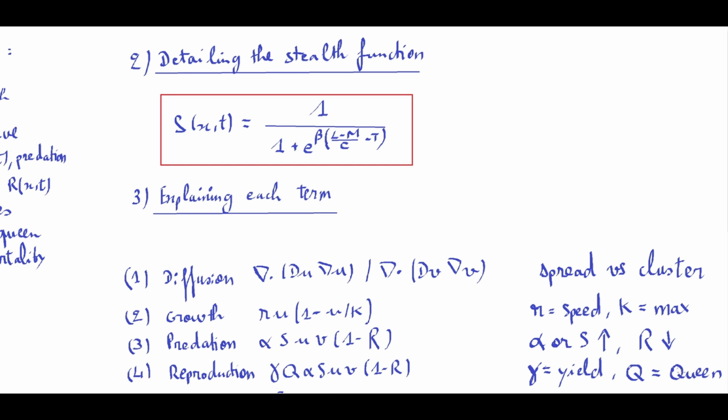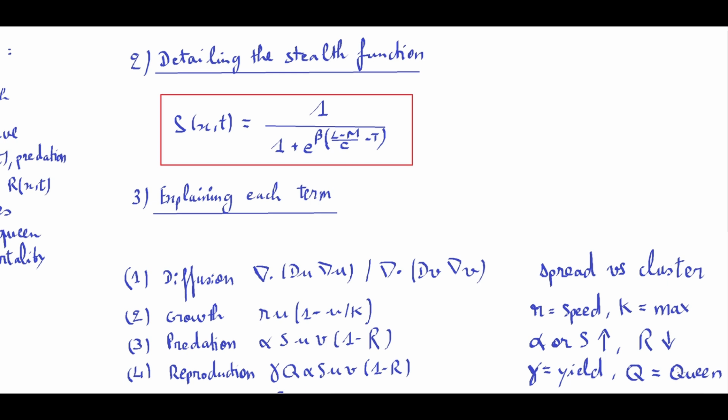When (L minus m) divided by c is very much smaller than T, then the stealth function will be approximately equal to 1, so that we have a high stealth. We will have a lot of difficulty observing the xenomorphs when they are moving.